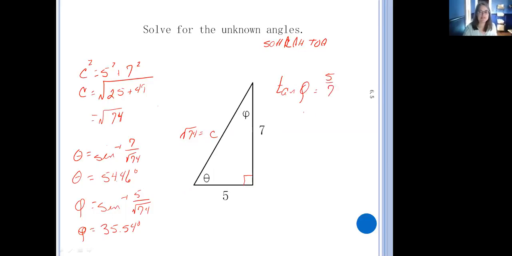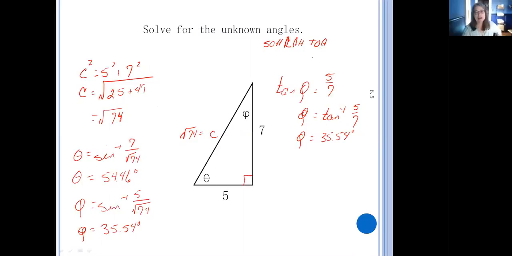And so then B would be arctan, or the inverse tangent, of 5/7, which again gives me 35.54 degrees. Same answer, because remember that the tangent is equal to the opposite over the adjacent.